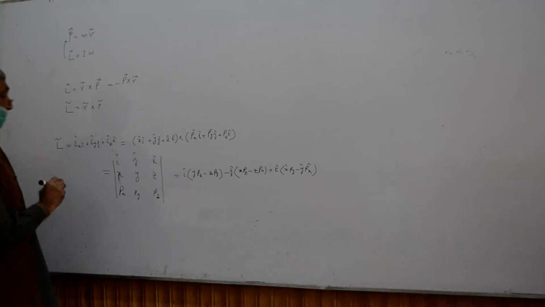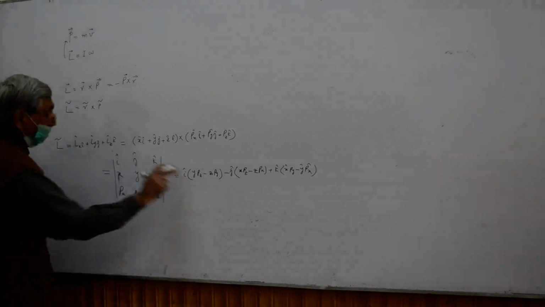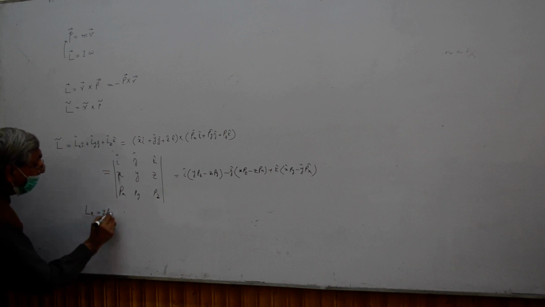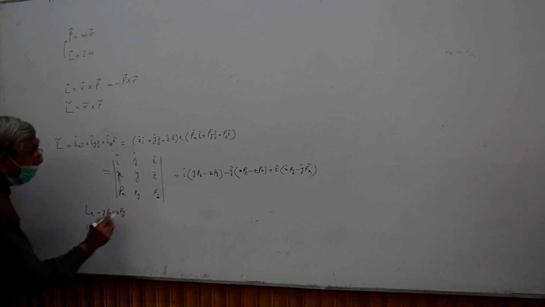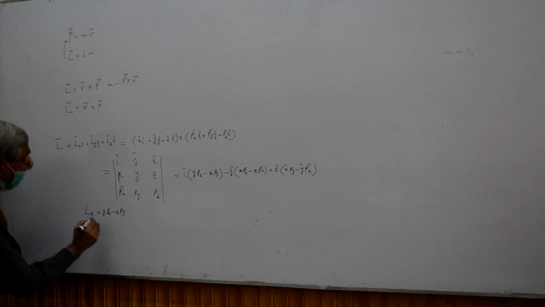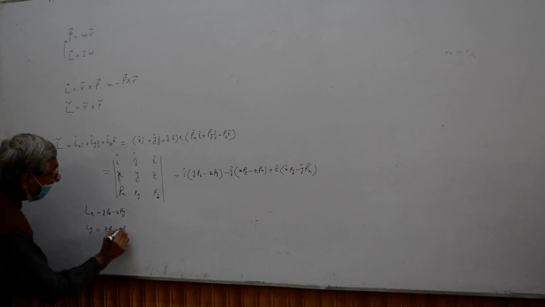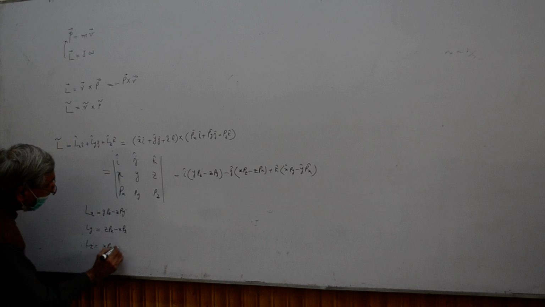Therefore, from here it is concluded that Lx will be equal to ypz minus zpy. Ly will be equal to, take the minus there, zpx minus xpz, and Lz is equal to xpy minus ypx.